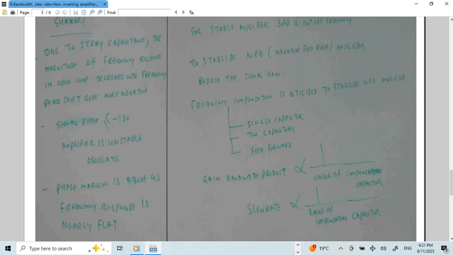And another one is frequency compensation. Frequency compensation also needs to be utilized to stabilize the negative feedback amplifier.